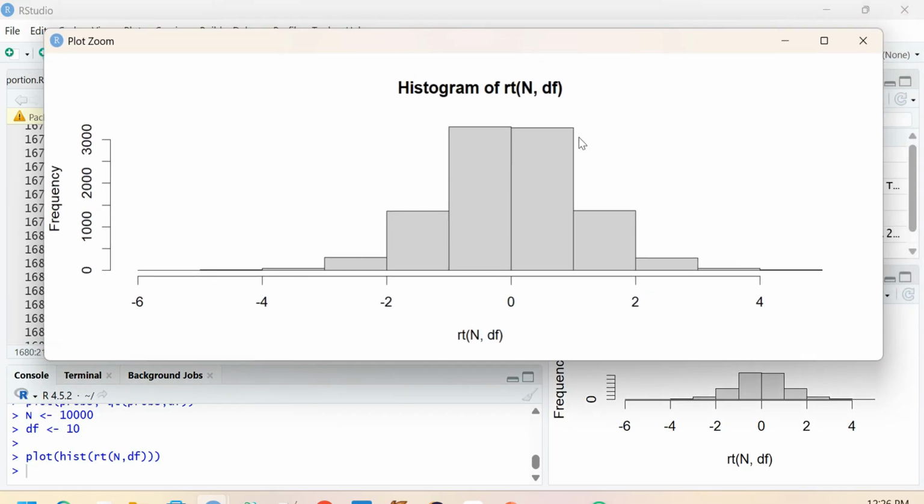So this is the histogram or frequency counts for different values from a t-distribution. So you can see when the values are less than minus 4 or larger than 4, their counts are almost 0, right?